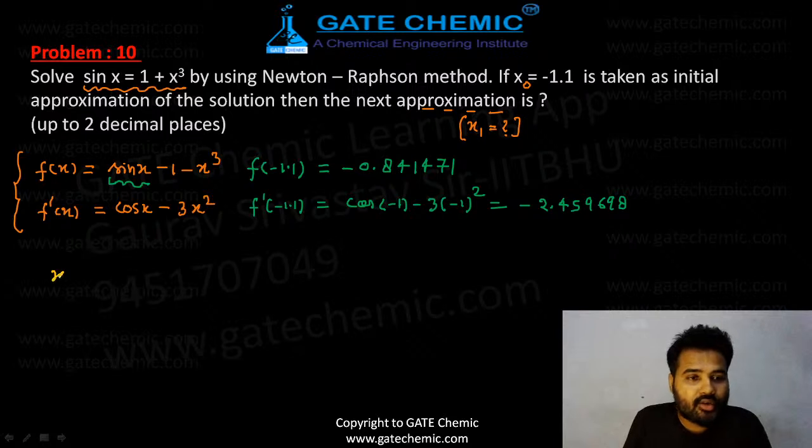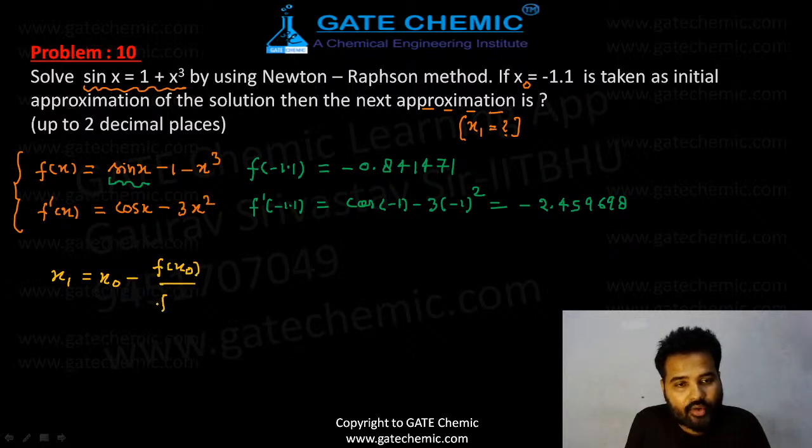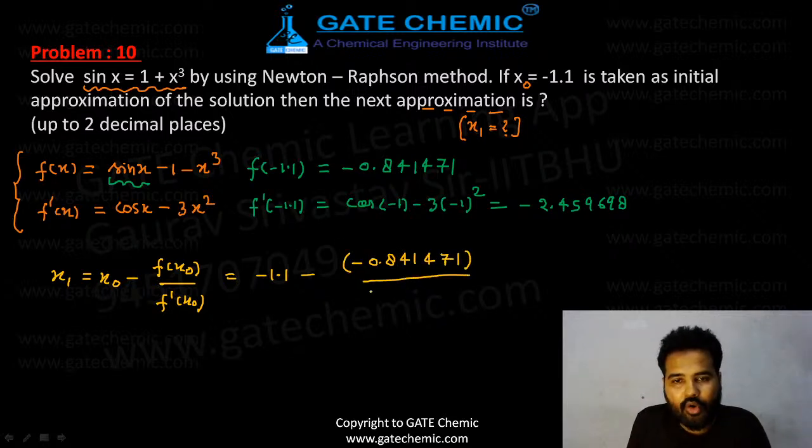Now we want to calculate x1, so x1 equals x naught minus f(x naught) upon f dash(x naught). Check once, beta, is the calculator showing this much only? Everyone got the same value. So x naught is -1.1, minus f(x naught) is -0.841471 upon -2.4599698.